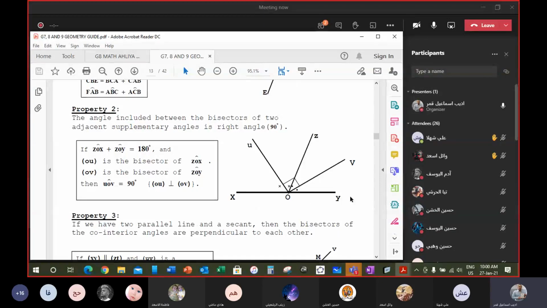These two angles, XOZ and ZOY, what do we say about them? XOZ and ZOY. What do we say about these two angles?